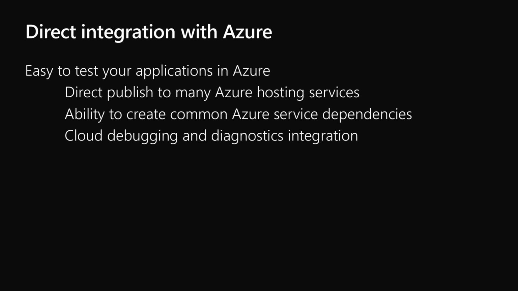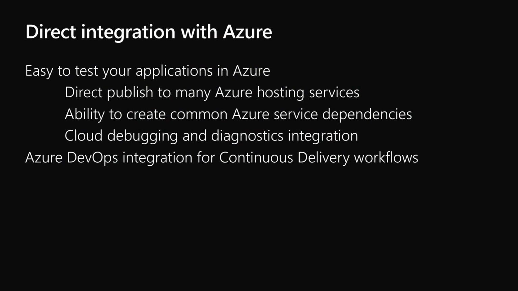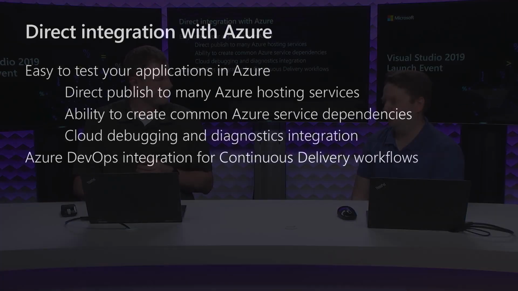We also have some really great diagnostics integration that I think you're going to show us in a minute. And the last thing that I didn't show, but it's worth mentioning, is that we have really great interaction with Azure DevOps. So if you want to set up CI/CD pipelines and use Azure DevOps to deploy and build as part of a continuous delivery, continuous integration workflow, that's all native in Visual Studio as well.